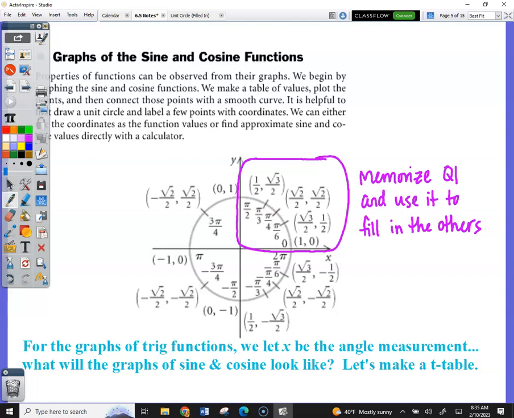You just have to remember your signs. Alright, so we're going to let x be the angle measurement, and now we're going to make t-tables or t-charts of what the sine and cosine graphs would result in. And I think we go to tangent. Yeah, then we're going to go to tangent. Okay?